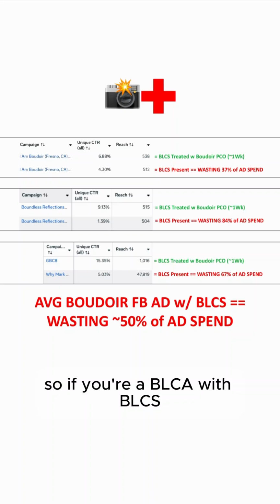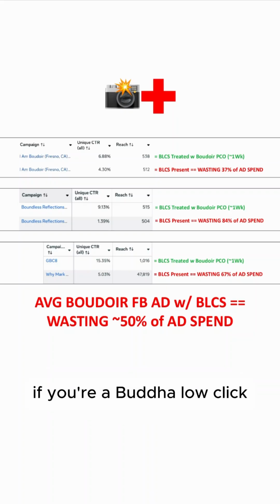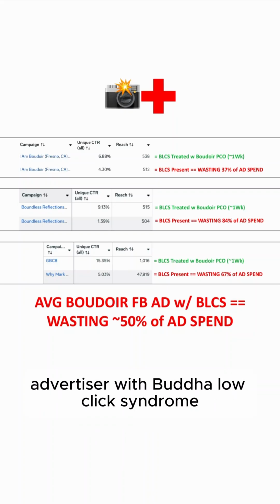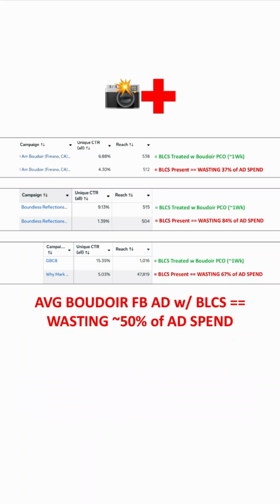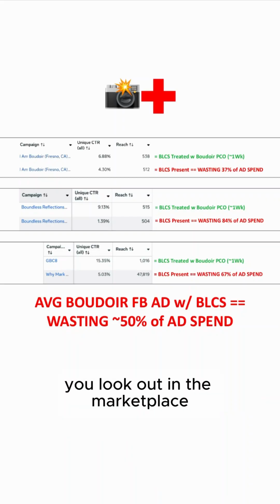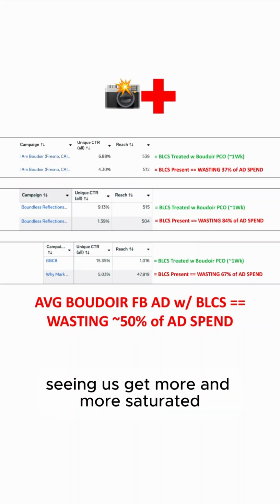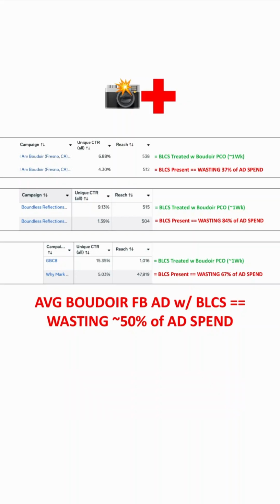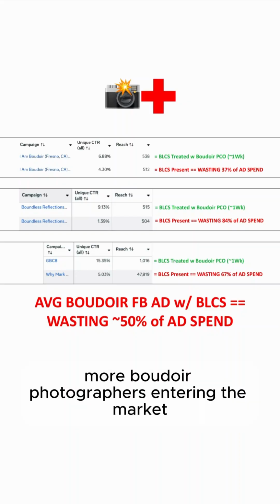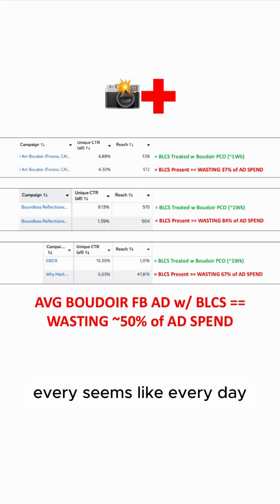So if you're a BLCA with BLCS, if you're a Boudoir low click advertiser with Boudoir low click syndrome, and you're spending more than 10 grand a month on Boudoir Facebook ads, and you look out in the marketplace, seeing it's getting more and more saturated. More boudoir photographers entering the market seems like every day.